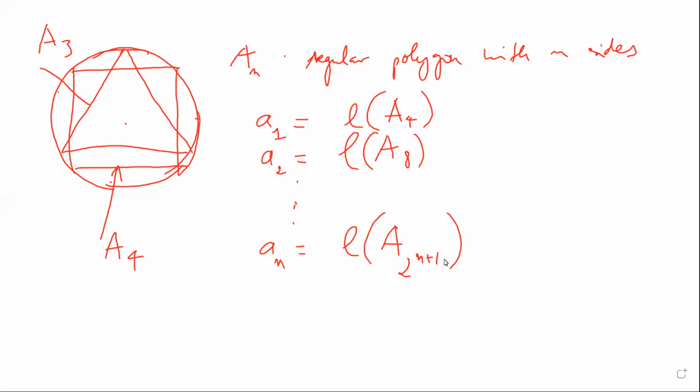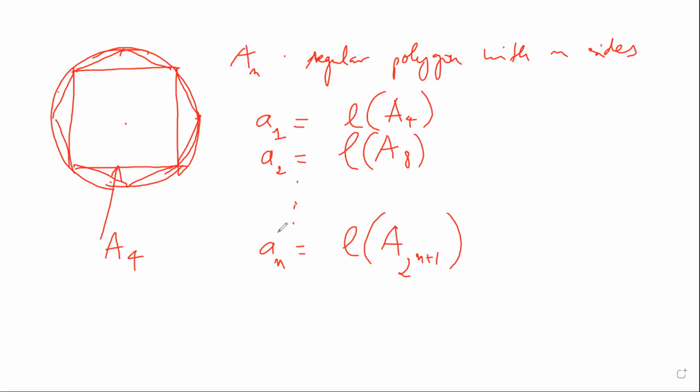So the reason we don't work with a3 is, for example, a8 is that Archimedes wants to find the length of the circle, and his reasoning is that when you take n very large, these polygons are very close to the circle, so the sequence an here is going to converge to the length of the circle.